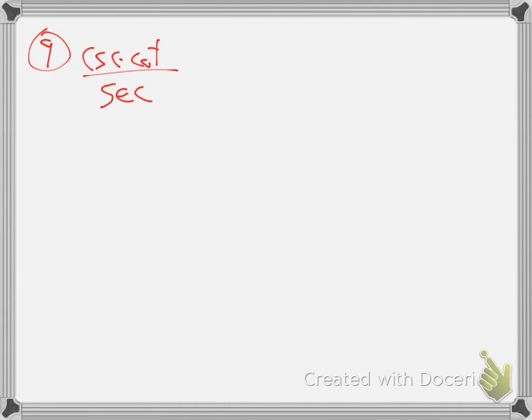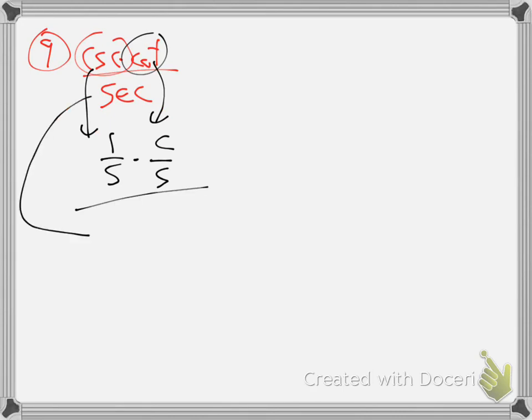Because it's all them weird things, cosecant, cotan, secant. Make them all sines and cosines when you see that kind of thing. Shows you a good plan. So what's cosecant? 1 over sine. What's cotan? Cosine over sine. And what's secant? 1 over cosine. Good so far? I just broke them all down. Remember, all trig is sines and cosines.